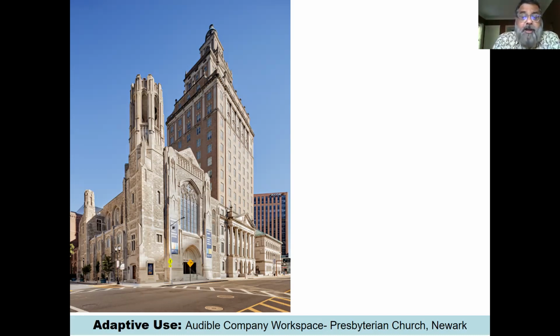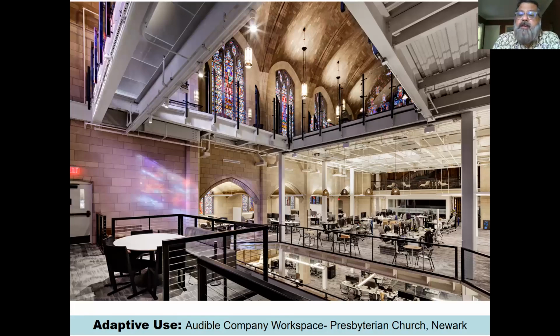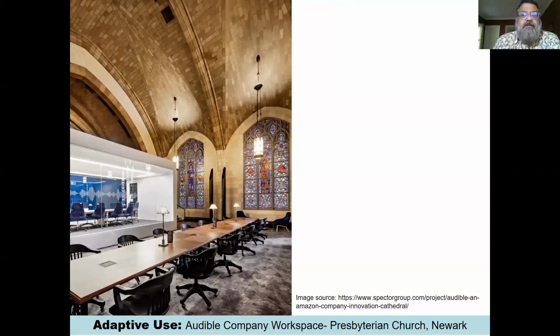After that, the parish left, and long story short, Audible purchased the building, and then they included it as part of their larger office space development. And you can see how they juxtapose old and new, and essentially generated 8,000 square feet of high-tech office space for its employees.